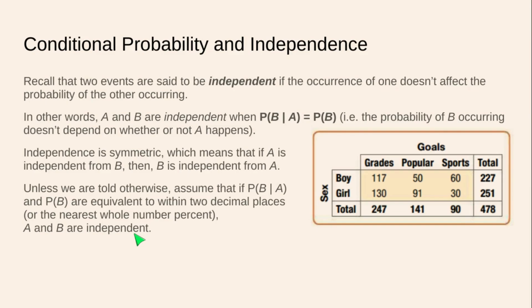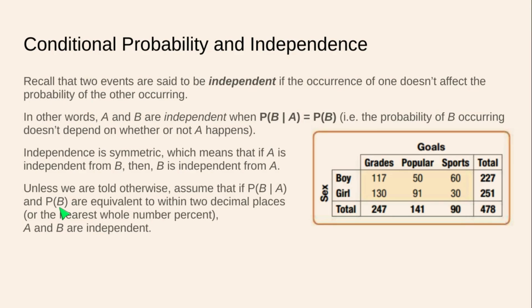In the real world, independence is kind of like, these events are almost independent. Probability of B given A and probability of B are so close to each other that we'll say they're just about independent. That's what's going on in the real world.